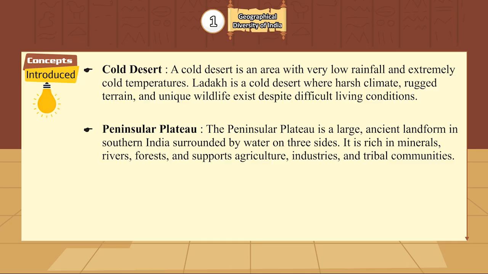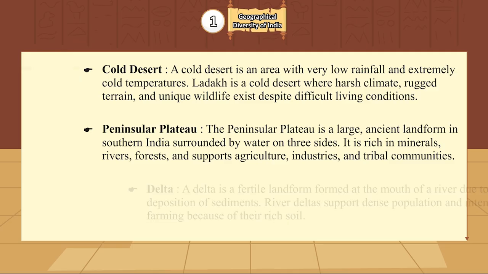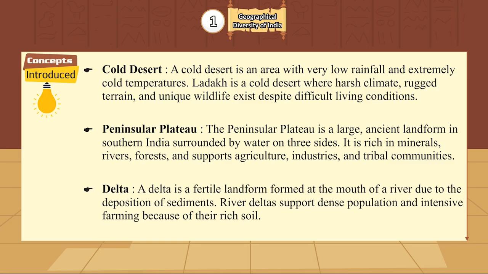It is rich in minerals, rivers, forests, and supports agriculture, industries, and tribal communities. Delta. A delta is a fertile landform formed at the mouth of a river due to the deposition of sediments. River deltas support dense population and intensive farming because of their rich soil.